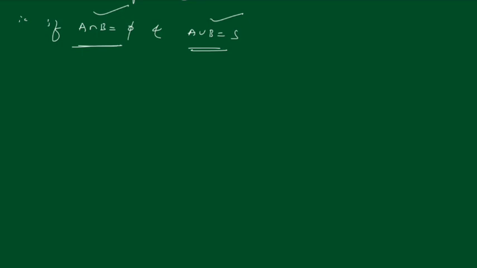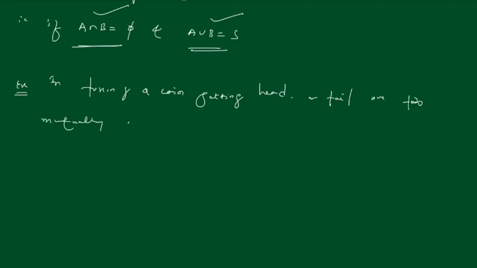For example, in tossing a coin, getting head or tail are two mutually exclusive and exhaustive events.